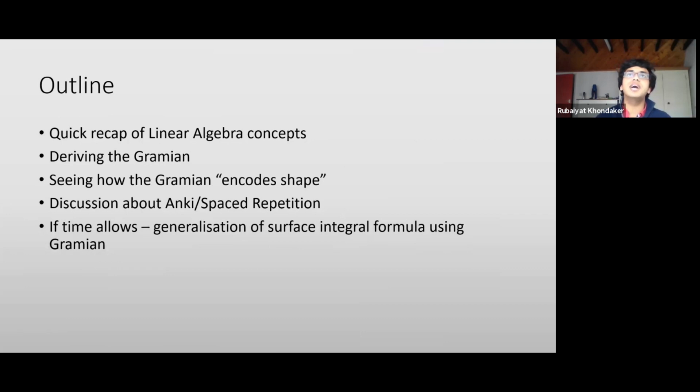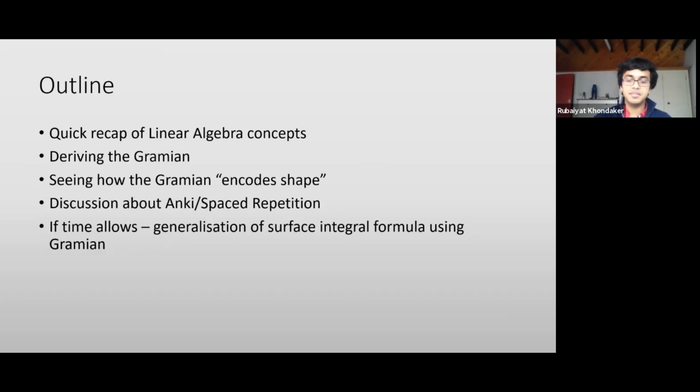After that, we're going to see how this Gramian can be used to encode shape. I'll explain what that means when we get to that. Then we're going to do a discussion about Anki and spaced repetition, all of that stuff. And if we have enough time, or if you want to stay, we'll see how you can generalize the surface integral formula using this Gramian object.